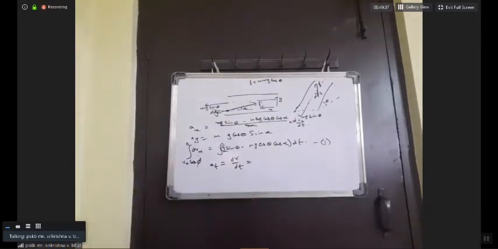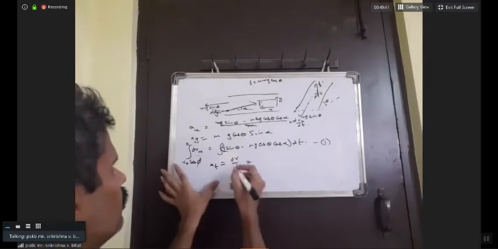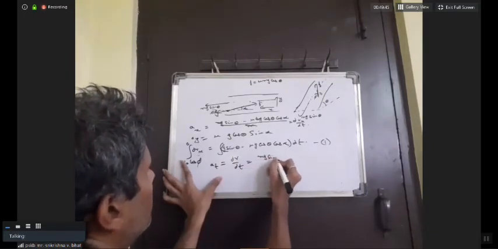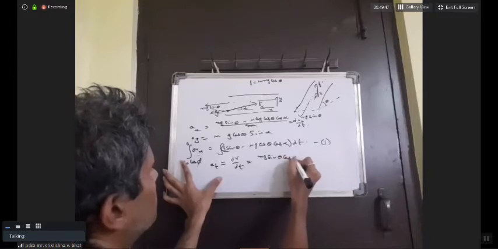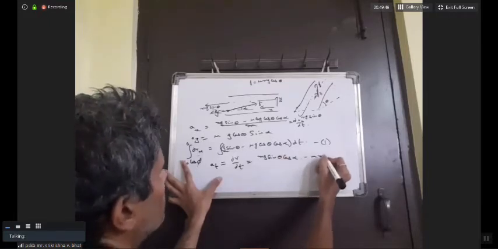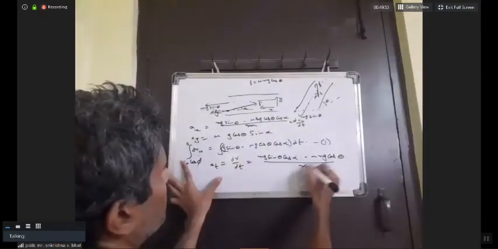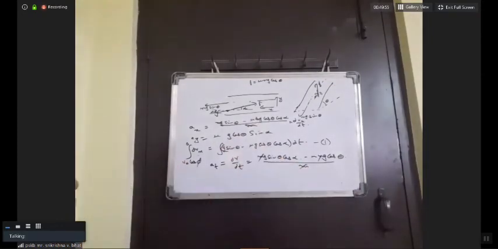Tangential acceleration is nothing but rate of change of speed, dv by dt. So that dv by dt can be written as mg sin theta cos alpha minus mu mg cos theta, divided by m. Okay, so that is tangential acceleration.